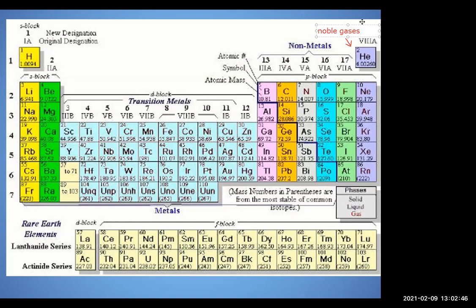And I wanted to point out the noble gases: helium, neon, argon, krypton, xenon, and radon. These are all very unreactive elements. They're very happy and stable with just one hanging out.